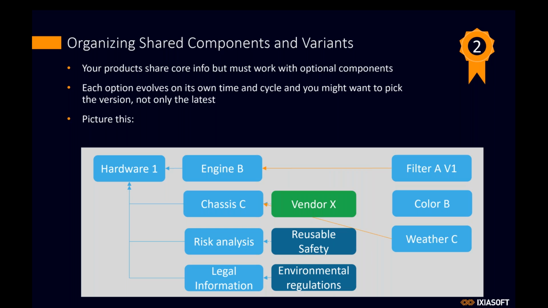So if you picture this, we do have here hardware with an engine chassis, risk analysis, legal information. And there are some options like the filter, the color, and weather conditions. Now, when the content evolves, like this filter here, maybe it's fine for me, but maybe I want to have a little bit more options in there.